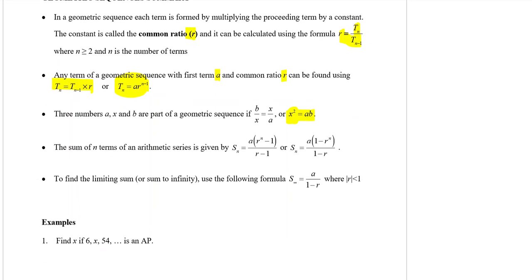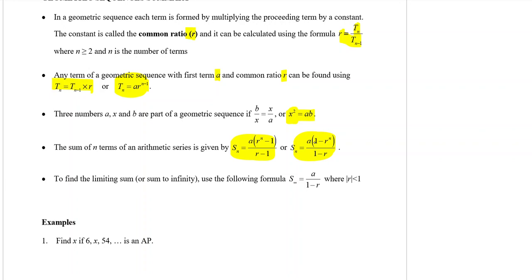The sum of the terms of a geometric series, there are 2 formulas because it depends on R. If the absolute value of R is greater than 1, we use the first formula. If it's less than 1, we use the second formula. And the way I remember that is I don't want whatever's on my denominator or in my bracket here to be negative.